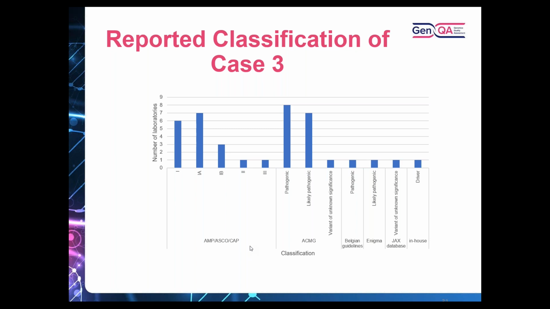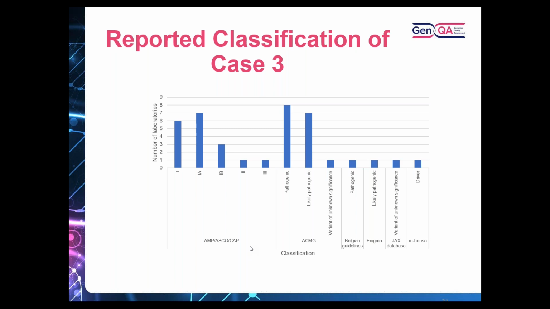However, one laboratory did classify it as a tier 3, and this was because this laboratory classified it as a variant of unknown significance according to ACMG classification. Because we felt that would have potential serious clinical implications for the patient, it was a critical error. One laboratory also reported it as a variant of unknown significance. This participant only looked in the JAX database, and because it is shown to be likely pathogenic, that would potentially have quite a severe impact on the patient, so they were given a critical error.